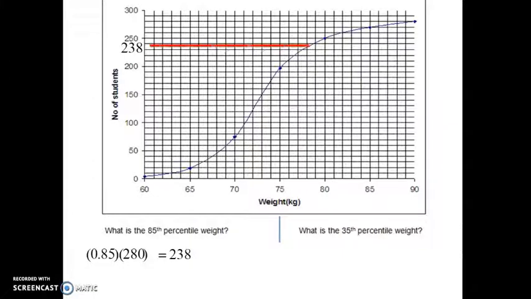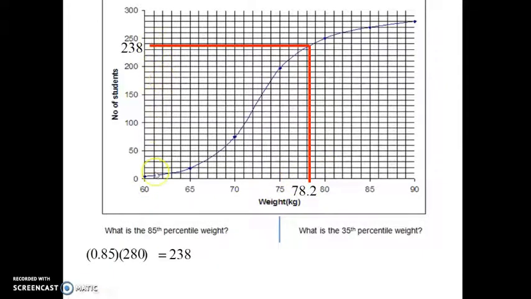So we go from there across to our cumulative frequency curve, and then we go down from there, and we find out the weight. And the weight there is 78 and a bit. So that means 78.2, that 85% of students have that weight or below.